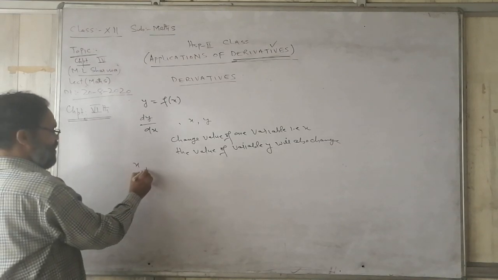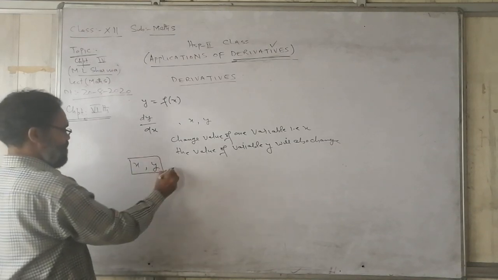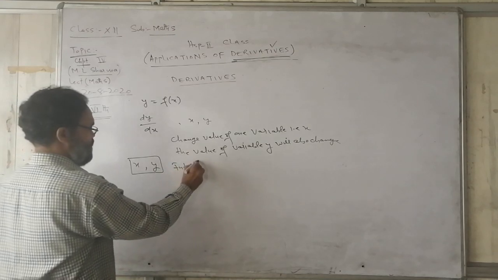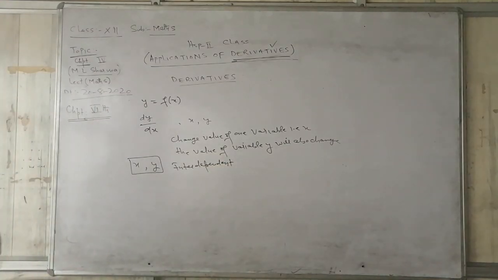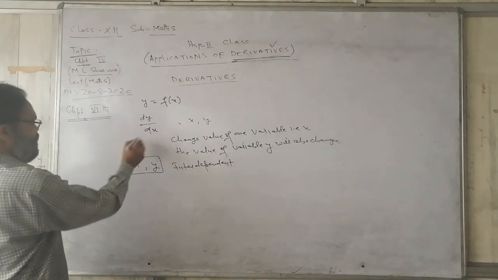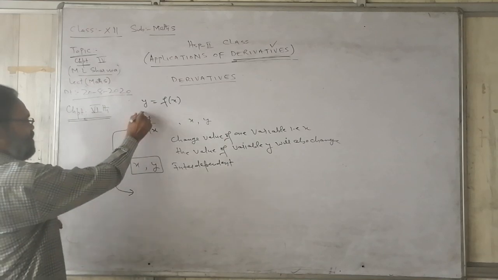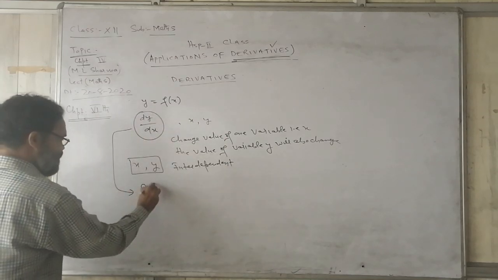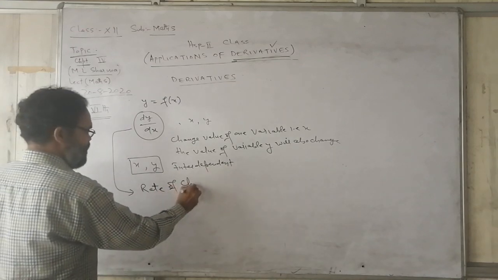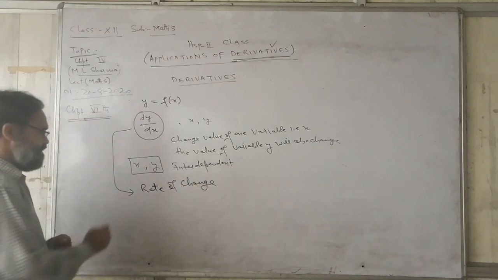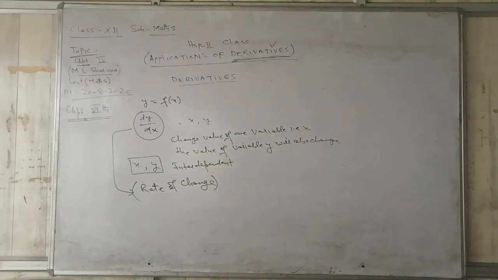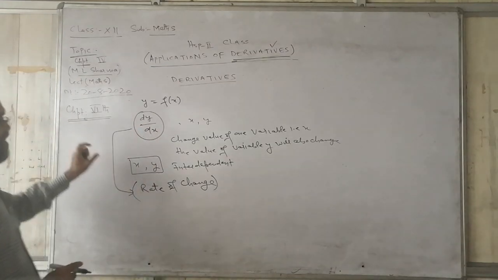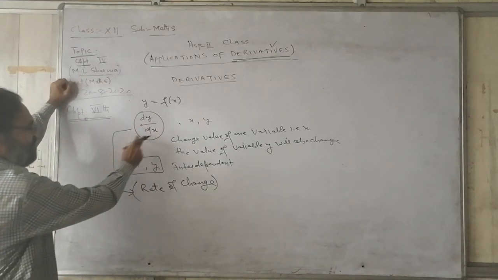That means the value of x and y is interdependent. Change in the value of one variable will automatically bring change in the other variable. So that means the derivative is, as a term, a rate of change. So derivative is considered to be the rate of change.